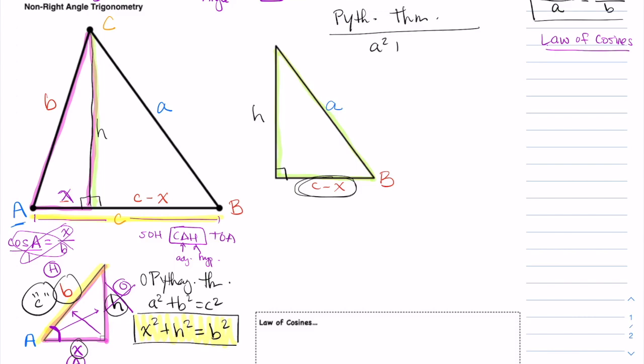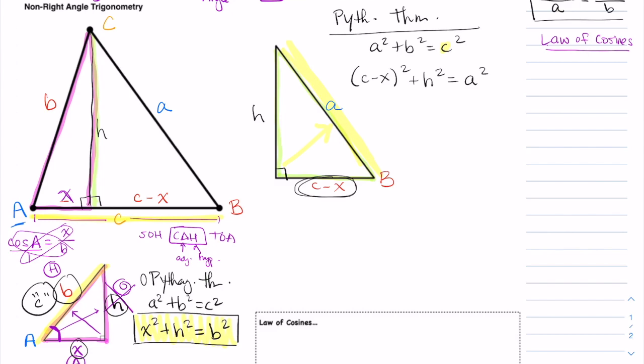So a squared plus b squared equals c squared. So again, notice that this is the side that we want to call c because it's across from the right angle. So that's your c. So we would call this (c minus x) squared plus h squared equals a squared.